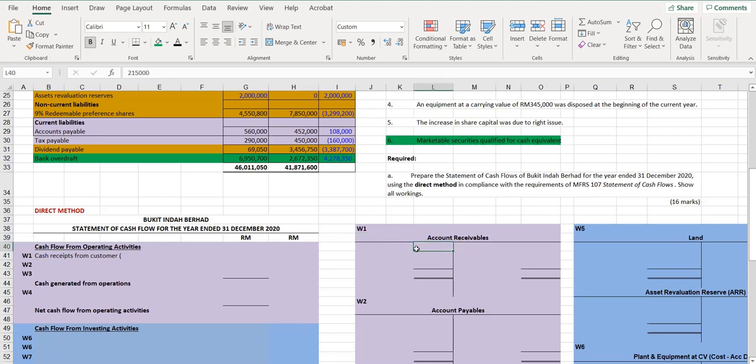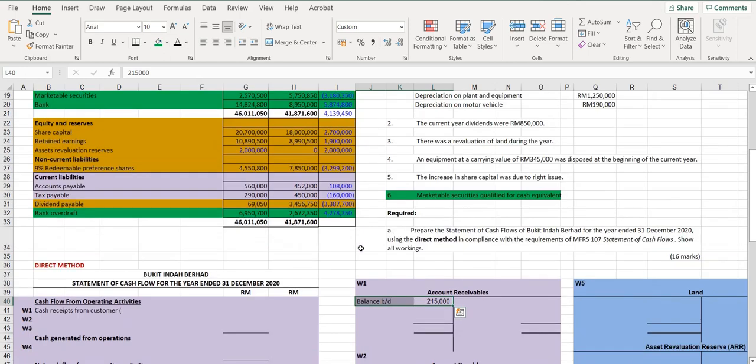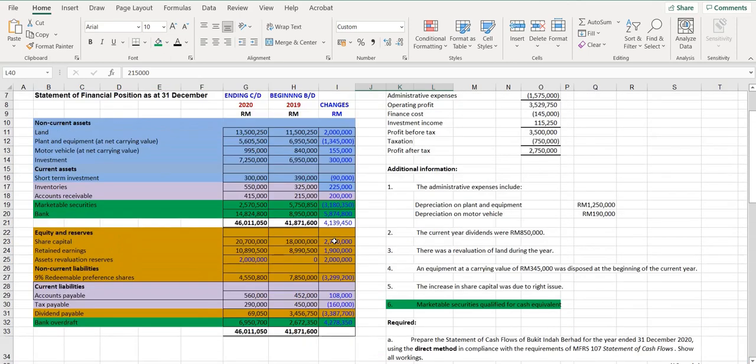First put the balance in the accounts receivable from your statement of financial position, the beginning of the year. You have already analyzed those items in the statement of financial position, so whatever has been analyzed, you can just tick them together with this.